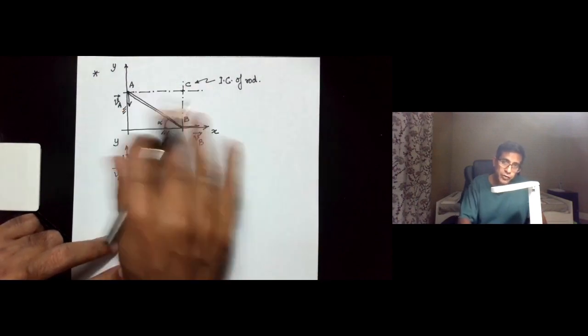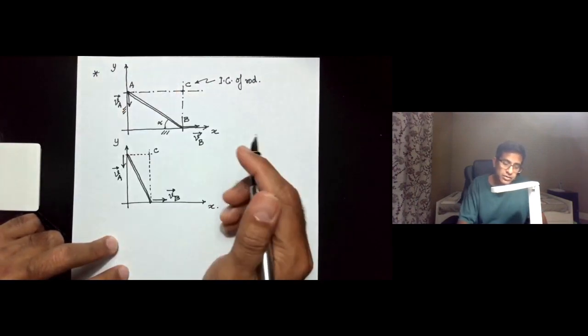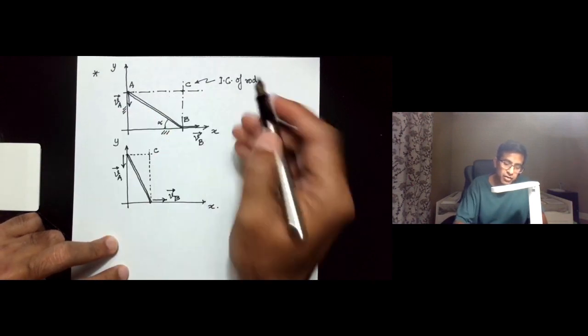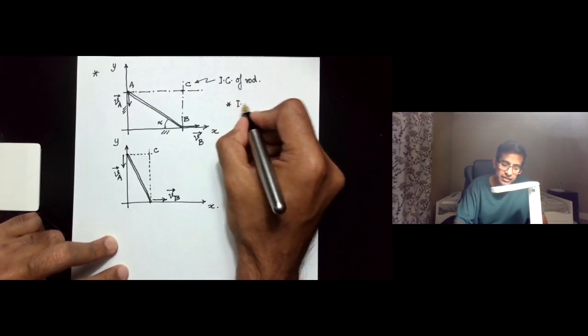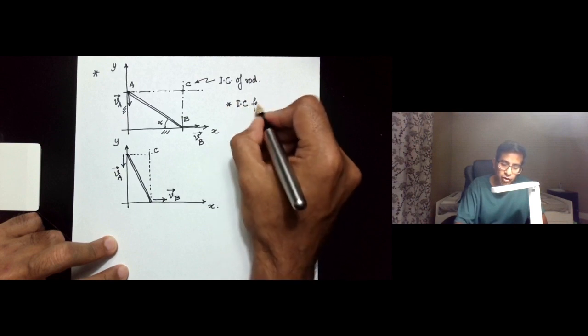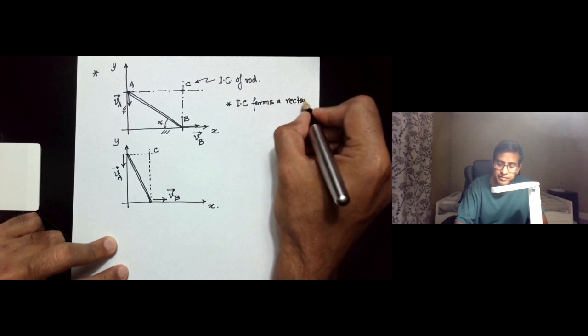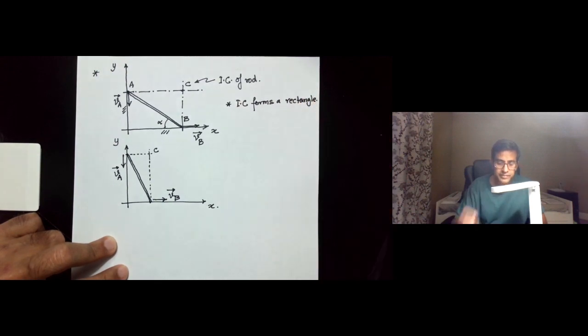But if you freeze the instant, if you take a particular instant, you will see some interesting features of the instantaneous center. First of all, the IC forms a rectangle, right?